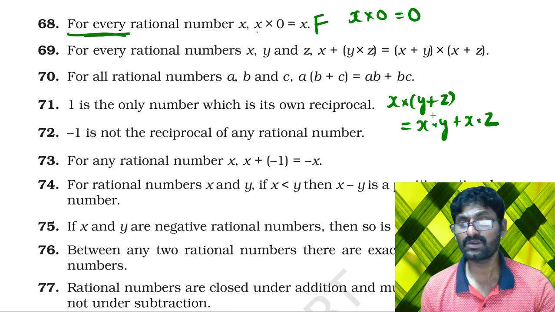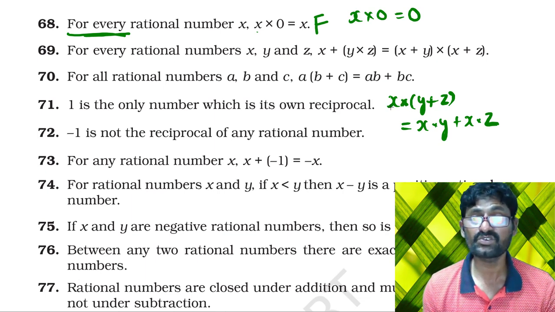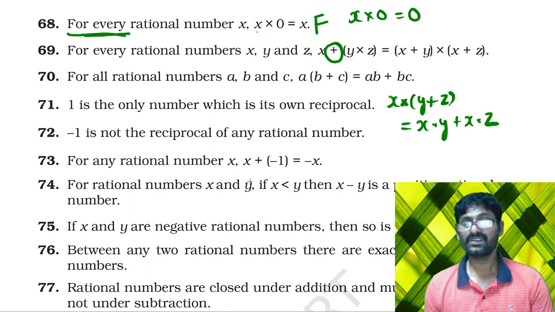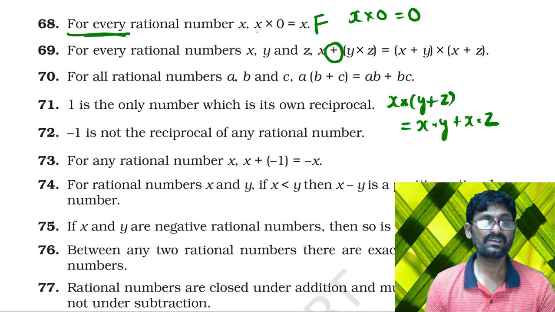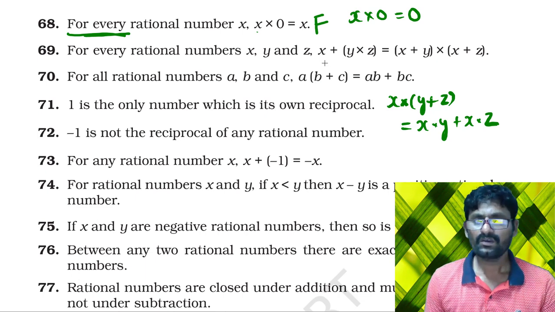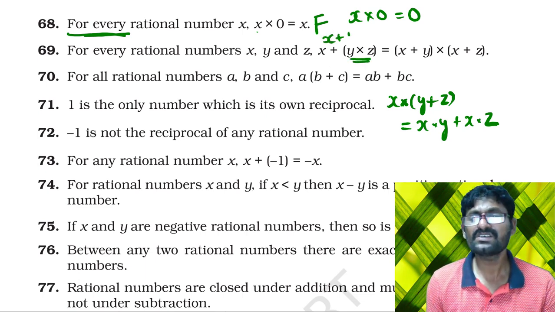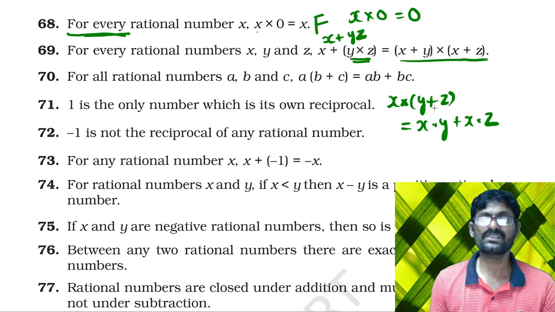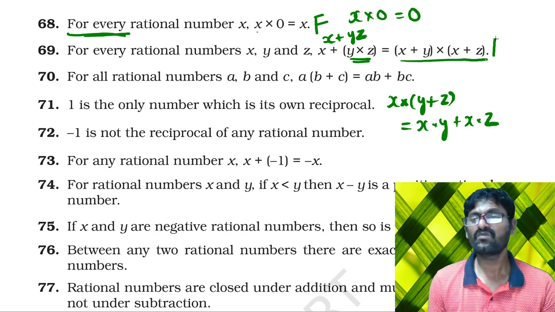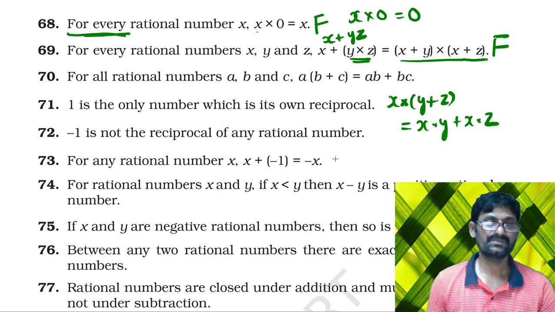This is what distributive property is. So that means we should have x times in the left side. But here you see x plus. So this is not distributive property. Now x plus y times z we can write as x plus yz. So this is not equal to x plus y times x plus z. So this is a false statement.